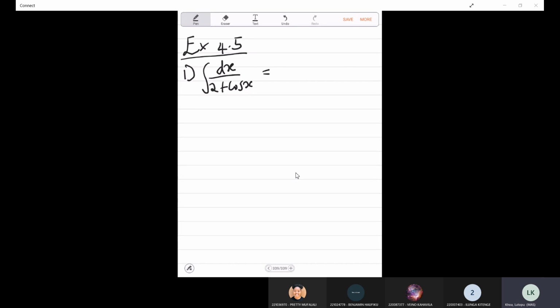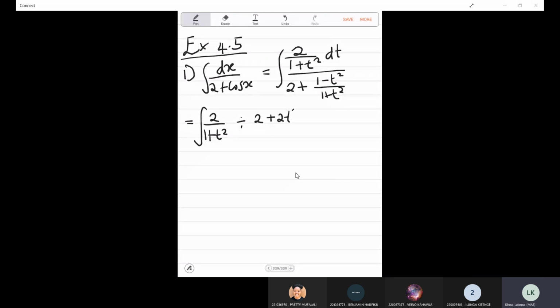This is the integral of 2 over 1 plus t squared dt, and 2 plus (1 minus t squared) over 1 plus t squared. Then combining, this is 2 over 1 plus t squared divided by this fraction, which becomes 2 plus 2t squared plus 1 minus t squared over 1 plus t squared.